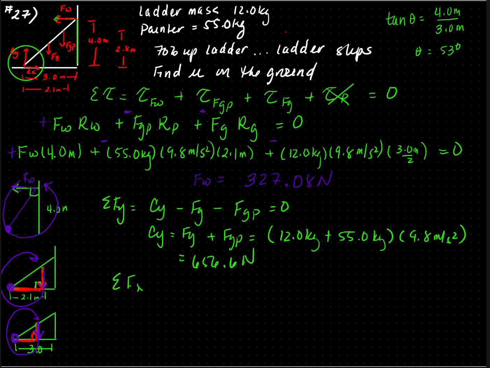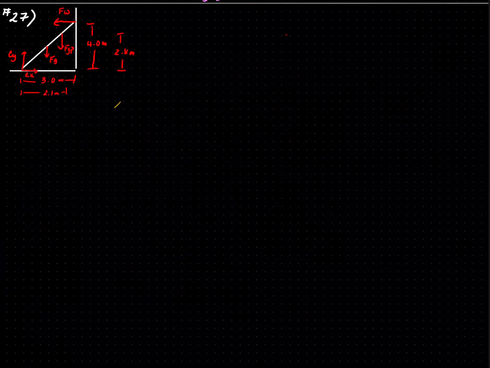My sum of Fx is going to be Cx minus my Fw. This is equal to 0 because these are all in static equilibrium. So Cx is equal to Fw, and Fw is 327.08 newtons.